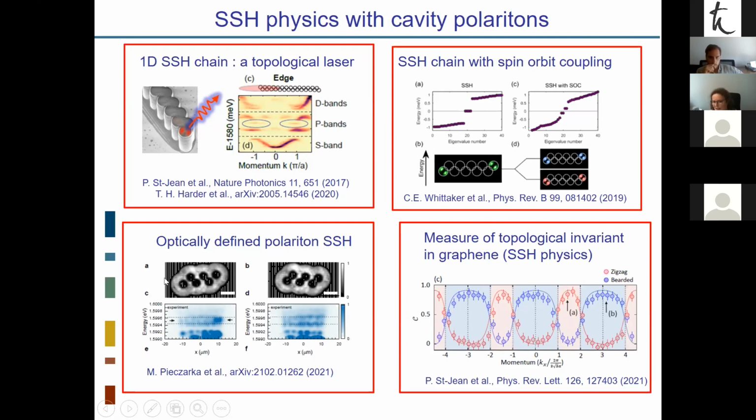The edge state can be completely optically defined, playing with non-resonant pumping. And then there is also a work done in the group where the link between the SSH edge states and graphene has been made, measuring the topological invariant of the underlying SSH model that you can define in your graphene states.